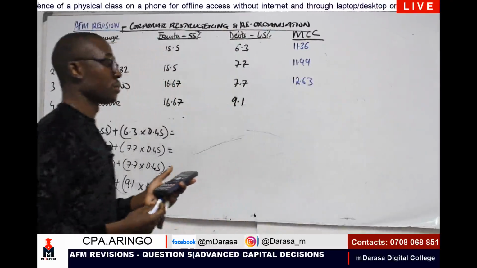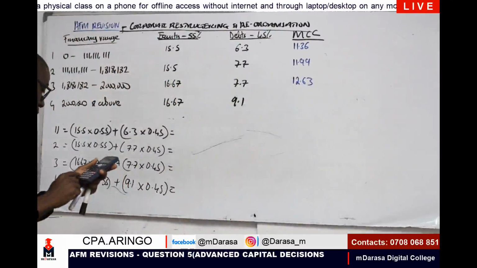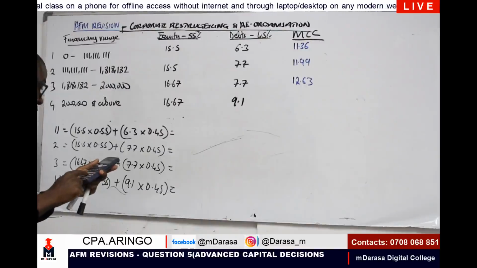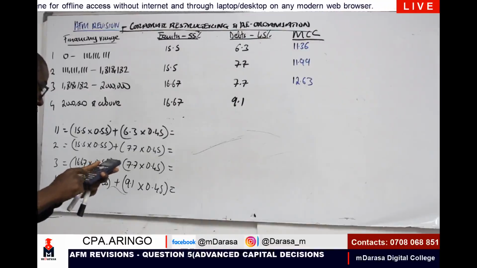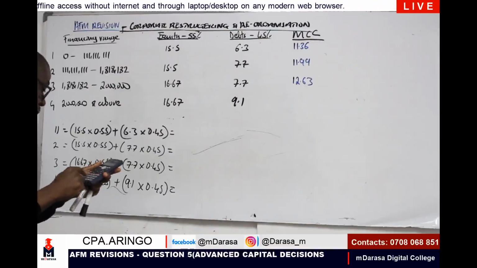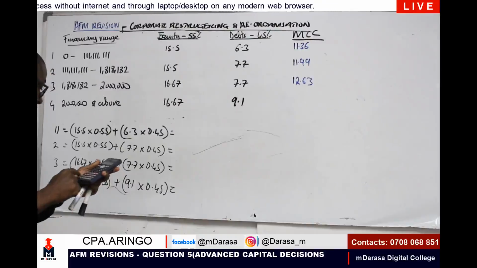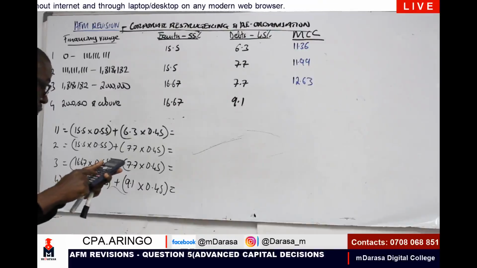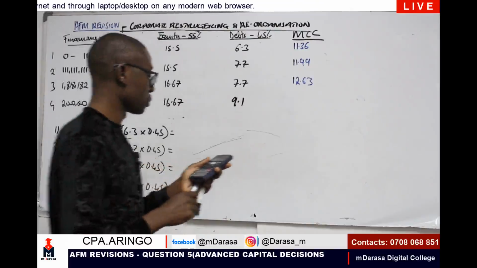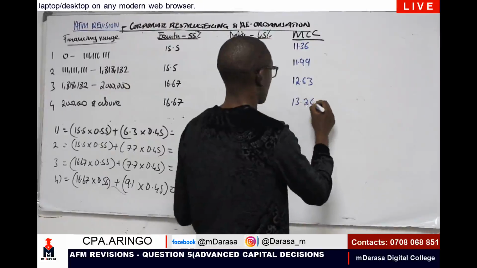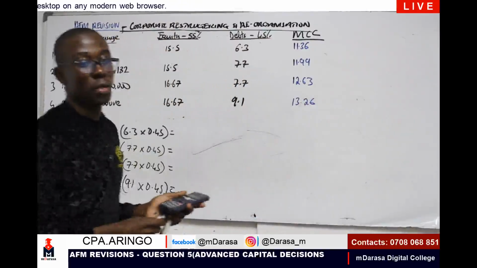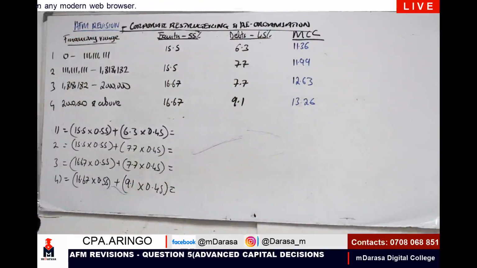And finally, 16.67 times 0.55, we add 9.1 times 0.45, giving 13.26. So that is what you are required to do up to that other bit.